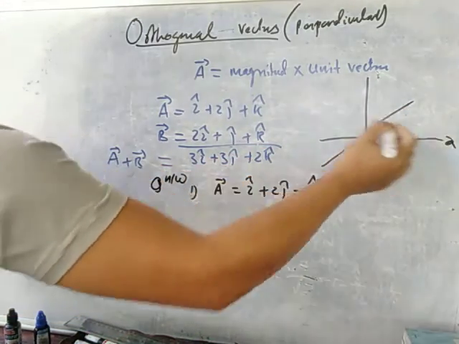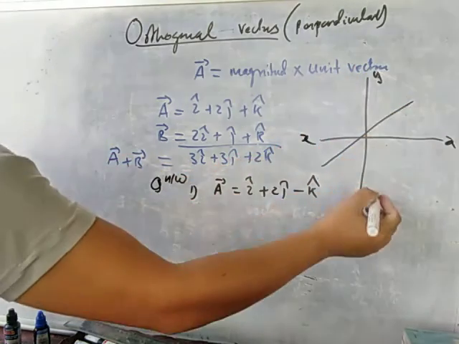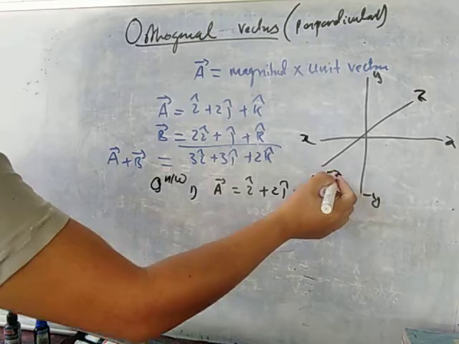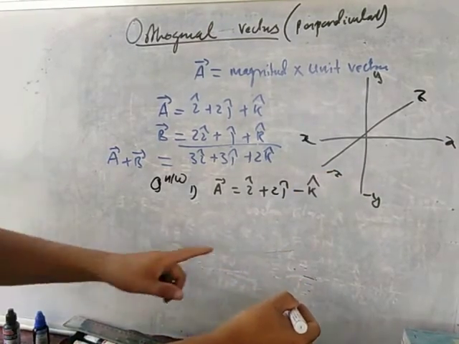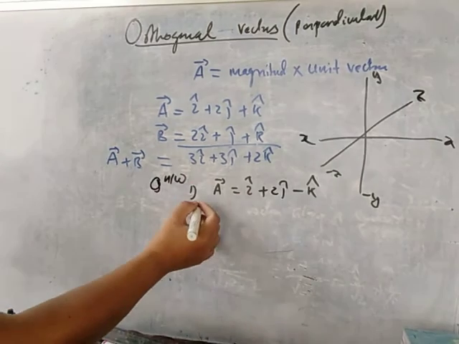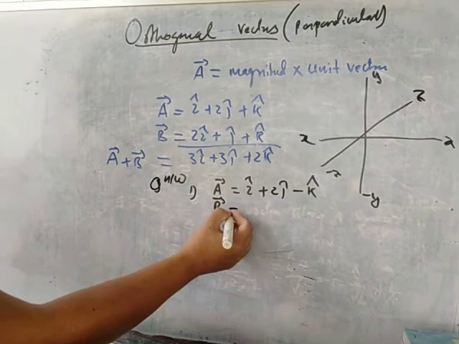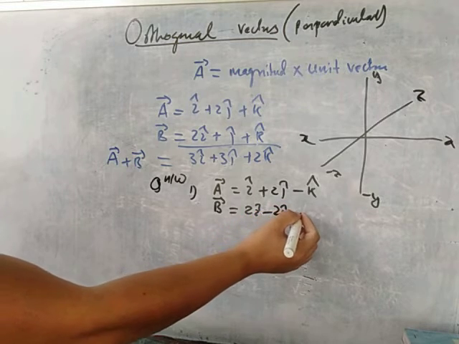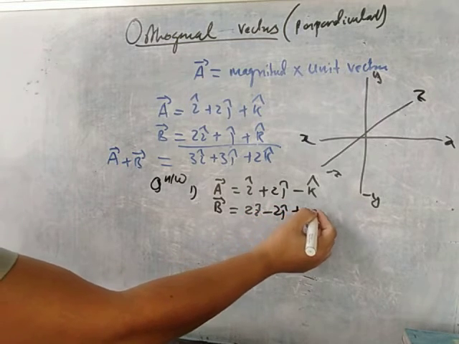So plus x minus x, y minus y, z minus z. So minus k means this direction. So b you have 2I cap minus 2j cap plus k cap.